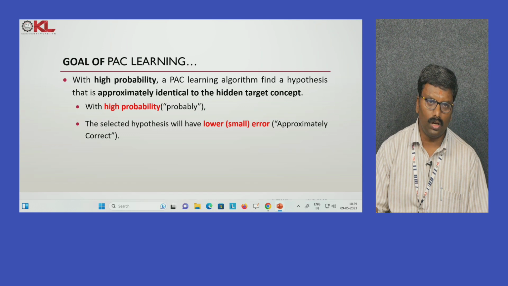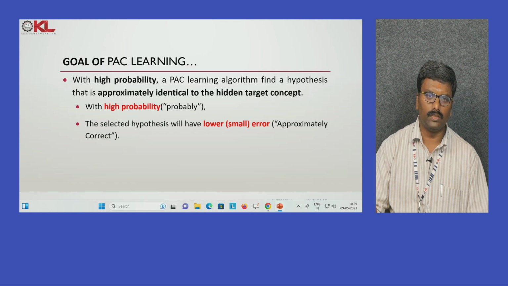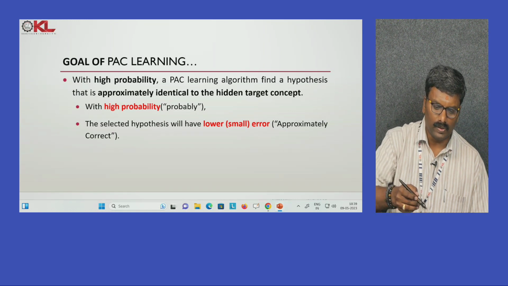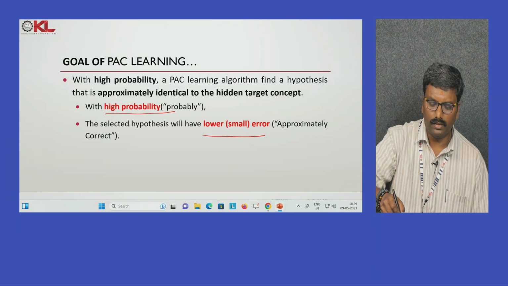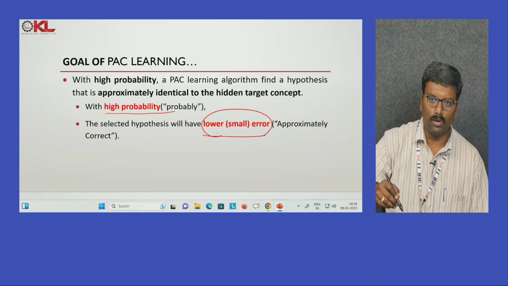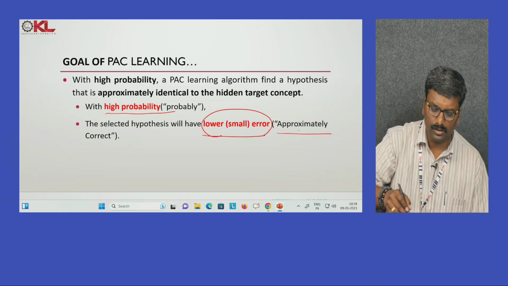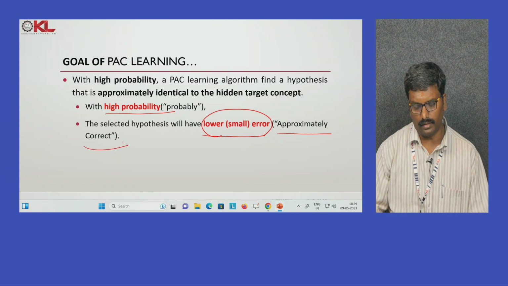The main goal of PAC learning is, with high probability and low error, to be approximately correct or probably correct, that is, approximately identical to the hidden target concept with high probability and low error. This low error is equal to small error, which means approximately the correct value.